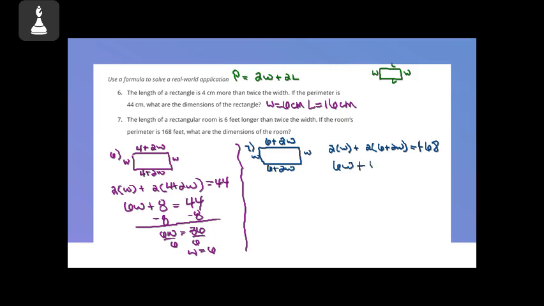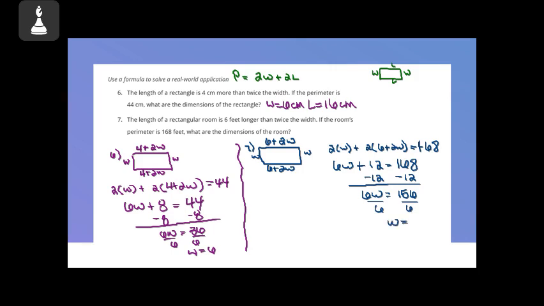We will then solve, subtracting 12 from both sides. 6w equals 156. If I divide both sides then by 6, I will get my width is 26. And this one is feet.